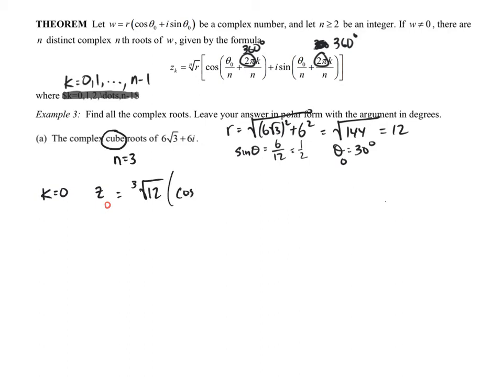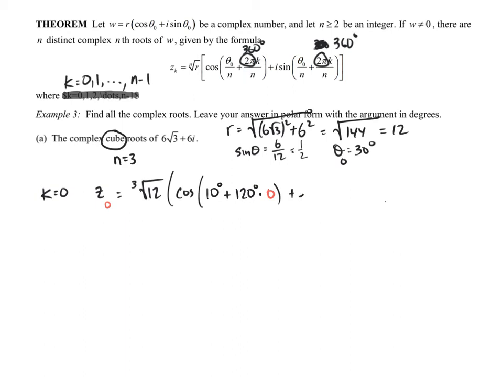And then cosine of, and I'm just following along with the formula here, theta 0 divided by n. Theta 0 was 30 and n is 3, so that's going to end up being 10, since 30 divided by 3 is 10, plus 360 divided by n. Well, 360 divided by 3 is 120 degrees, multiplied by k, which in this case is 0.